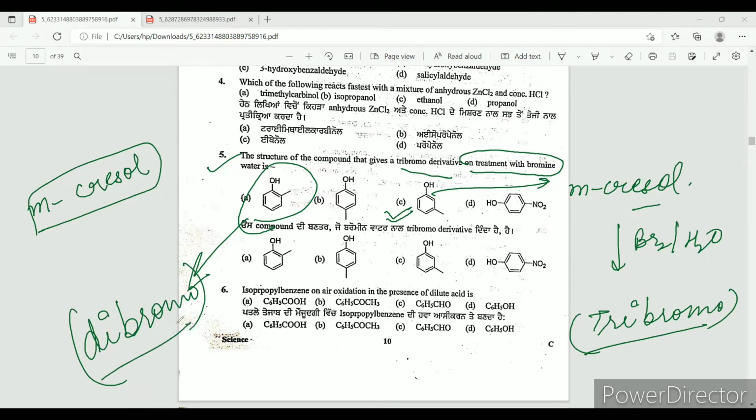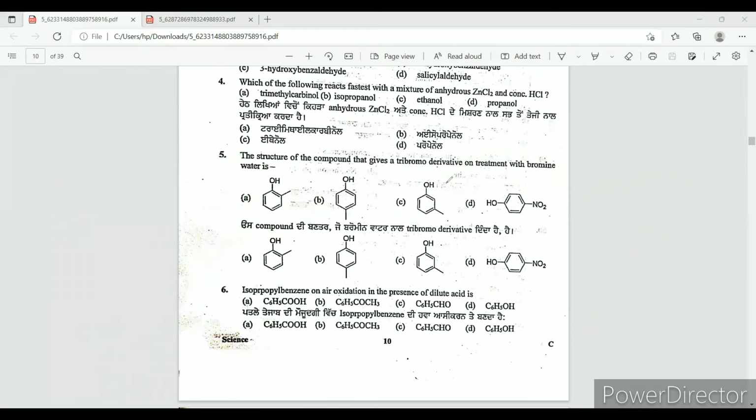Ortho derivative gives us dibromo, whereas metacresol, that is 3-methylphenol, gives us tri-bromo derivative, that is our answer is C.